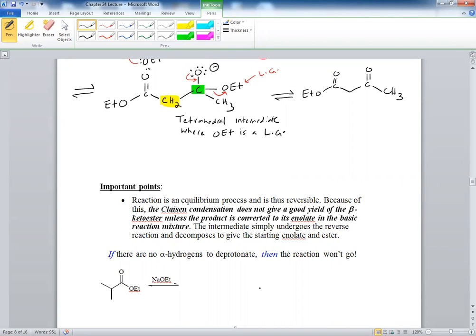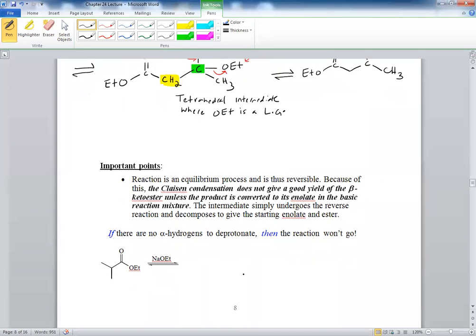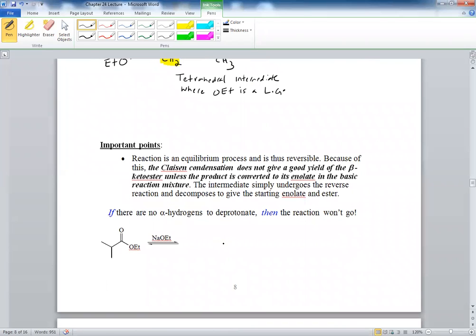And we have some ways around this, but this is just an important point to remember. Now, the very important also thing to remember, you can make the reaction even worse if you have no alpha hydrogen to deprotonate.